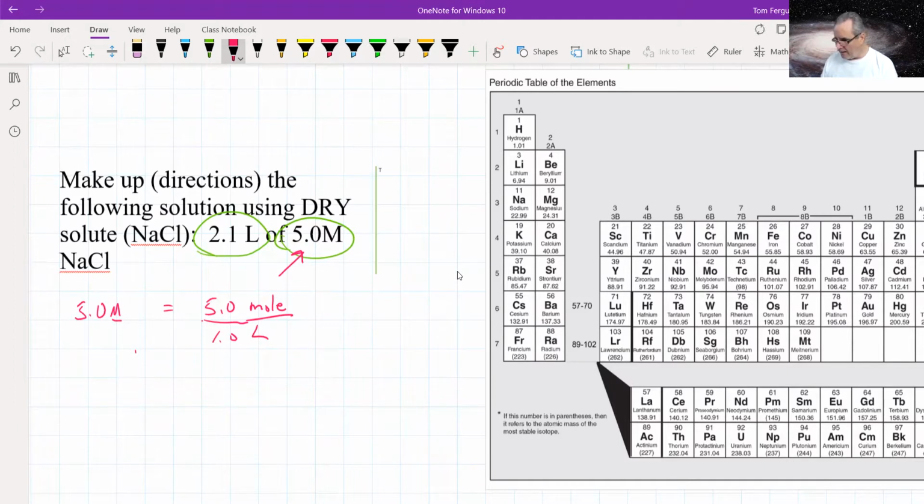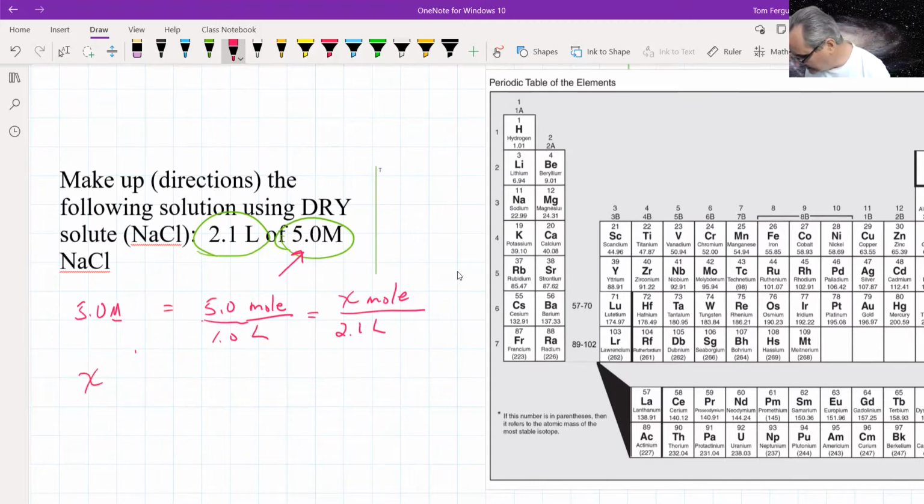But we're not talking about 1 liter, we're talking about 2.1 liters. But the ratio of solute to solution is the same ratio. So we have a ratio problem now. 5 to 1 is the same as x to 2.1. Simple little algebra problem. Let's solve for x.